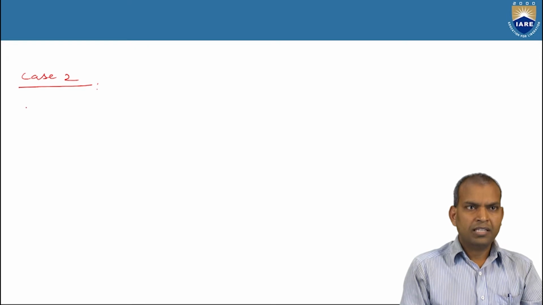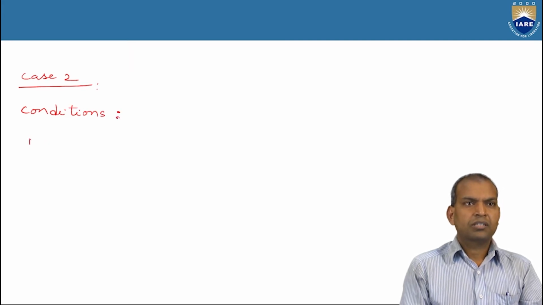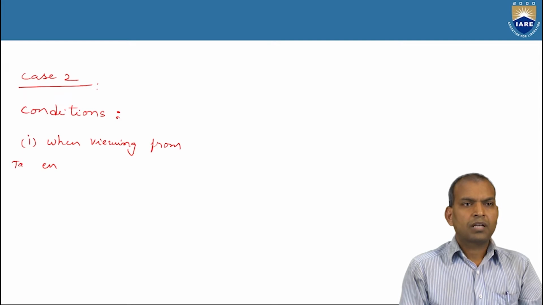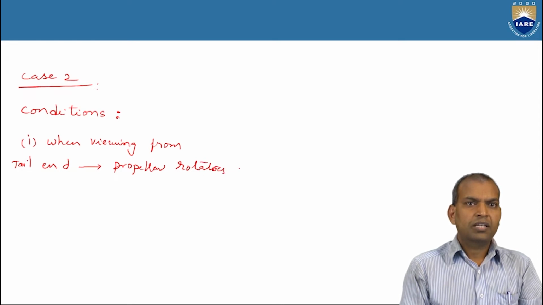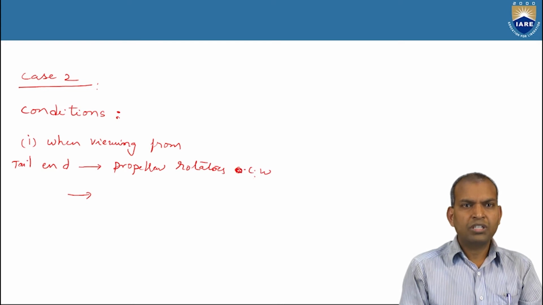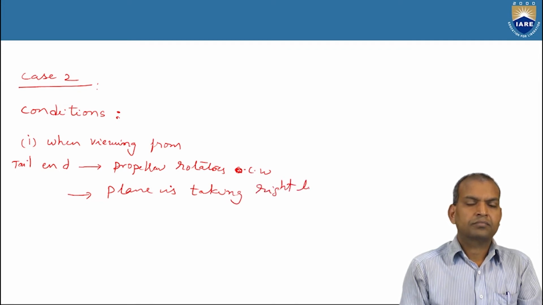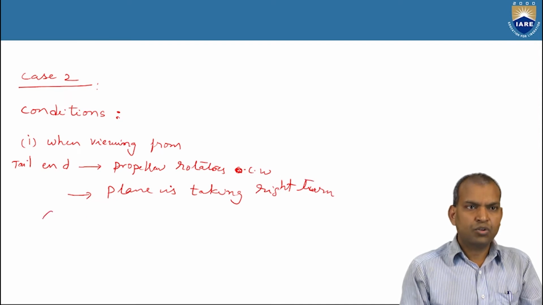Case 2: the conditions are, number 1, when viewing from the rear end or tail end, the propeller rotates in a clockwise direction, but the plane is now taking a right turn. Then what is the gyroscopic effect on the plane?